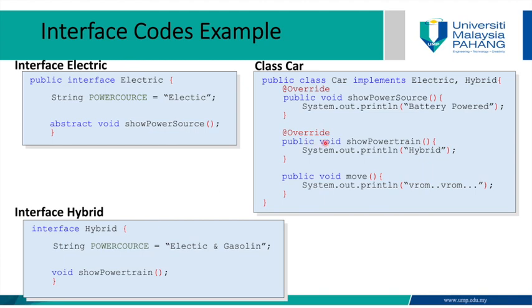Inside the class car, when you want to implement the interface, you must use the implements keyword. Since interfaces allow multiple inheritance, you can use both electric and hybrid: public class car implements electric and hybrid. Then here you implement both show power source and show powertrain, as you can see here.